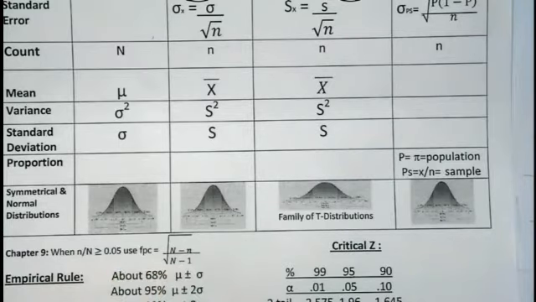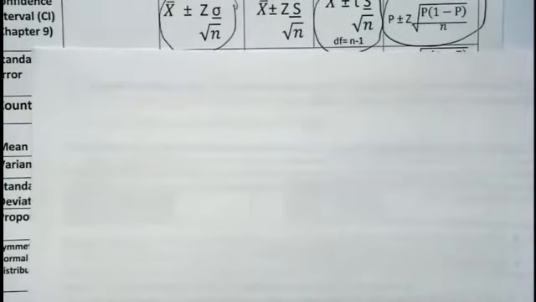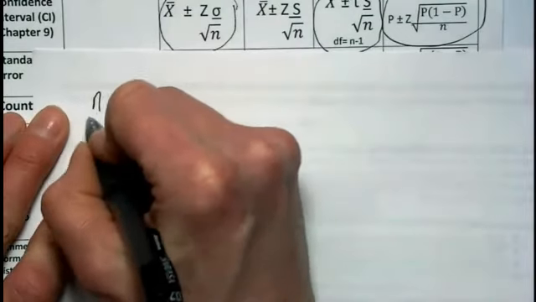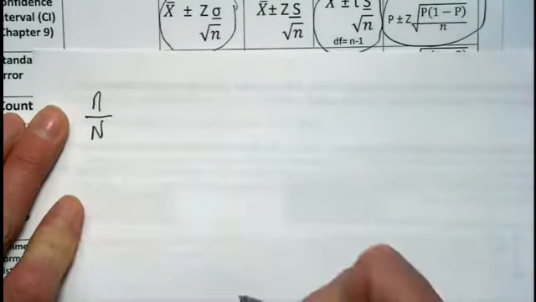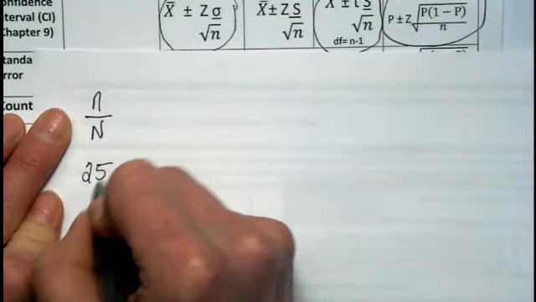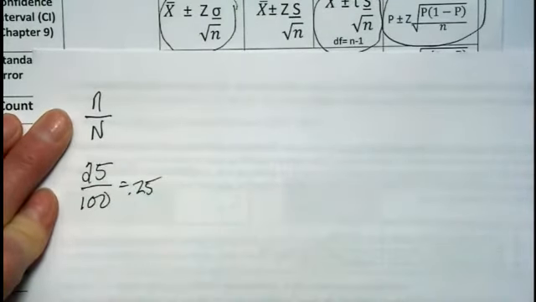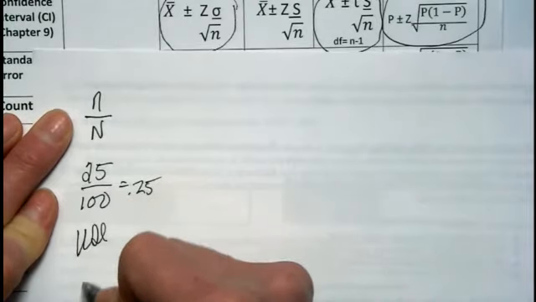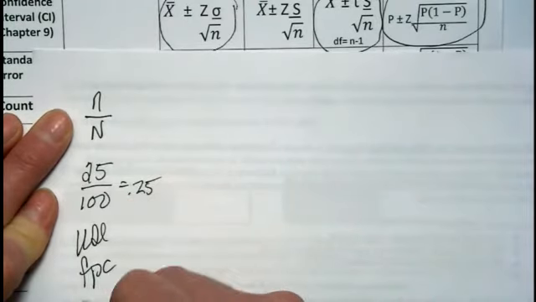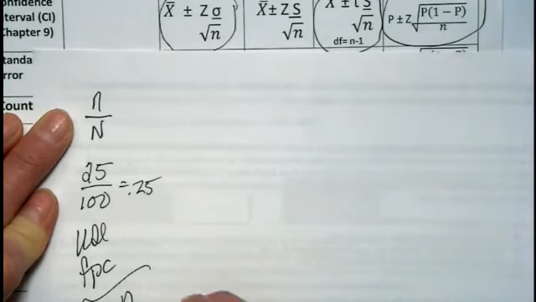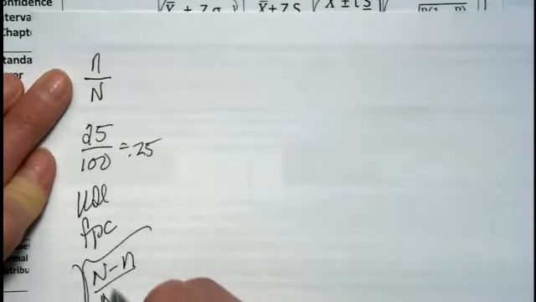So, for example, on all three of those formulas, if the sample size over the population, for example, I sampled 25 over 100, or I sampled 25%, use or attach the FPC, which is N minus n over N minus 1, where N is the population and n is the sample.